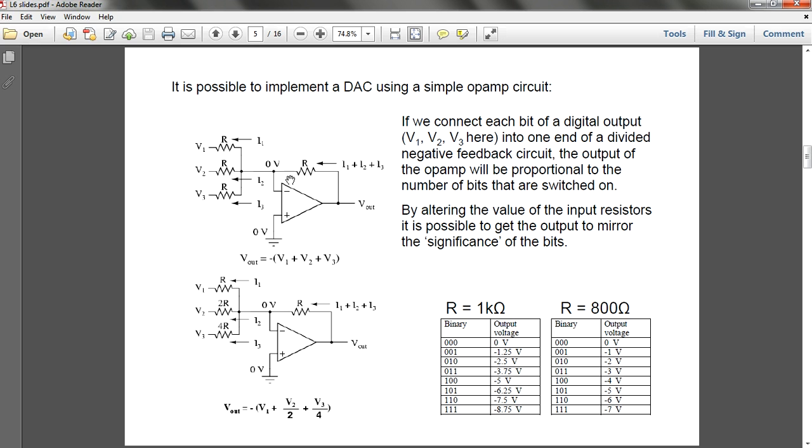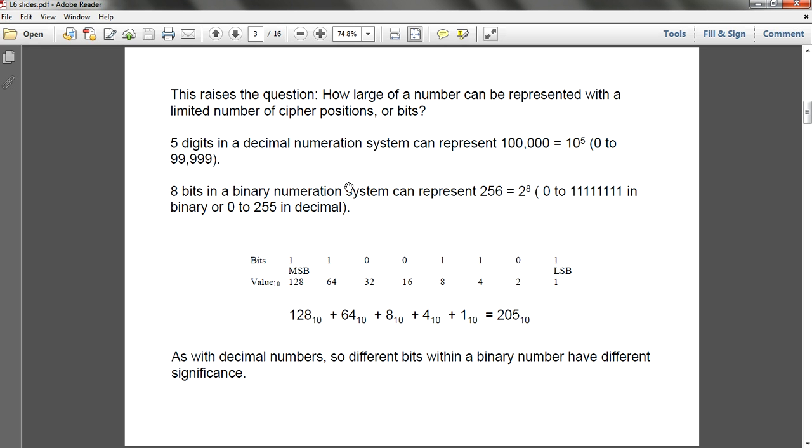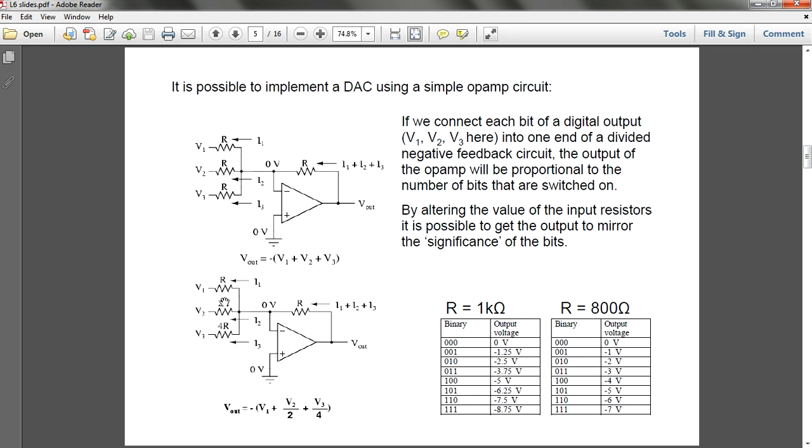So if you're doing DAC, you are connecting things into the inverting circuit, and then you have resistors over here. If you want to input the bits, the binary thing, what you can do is alter the R resistance: R, 2R, 4R, 8R, 16R.